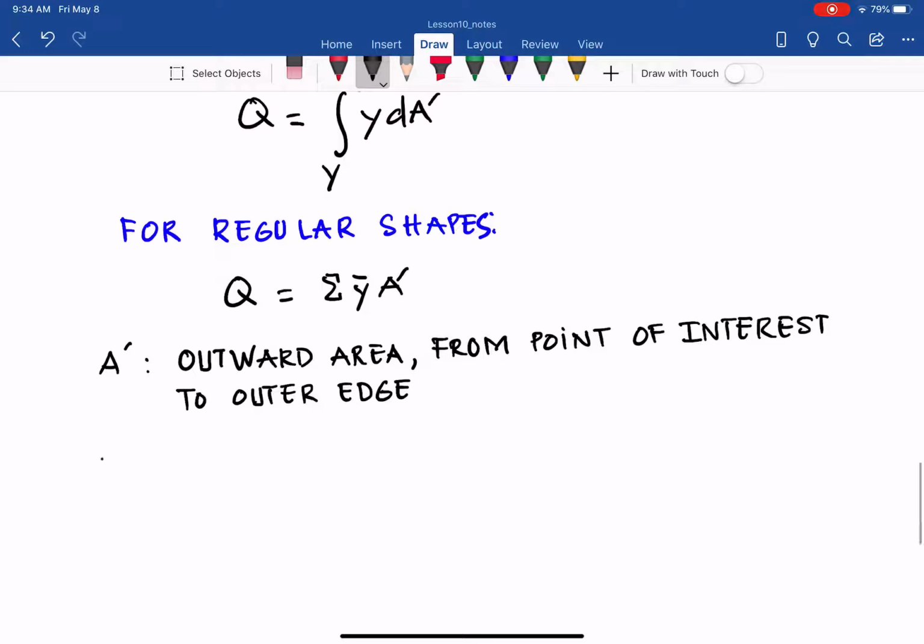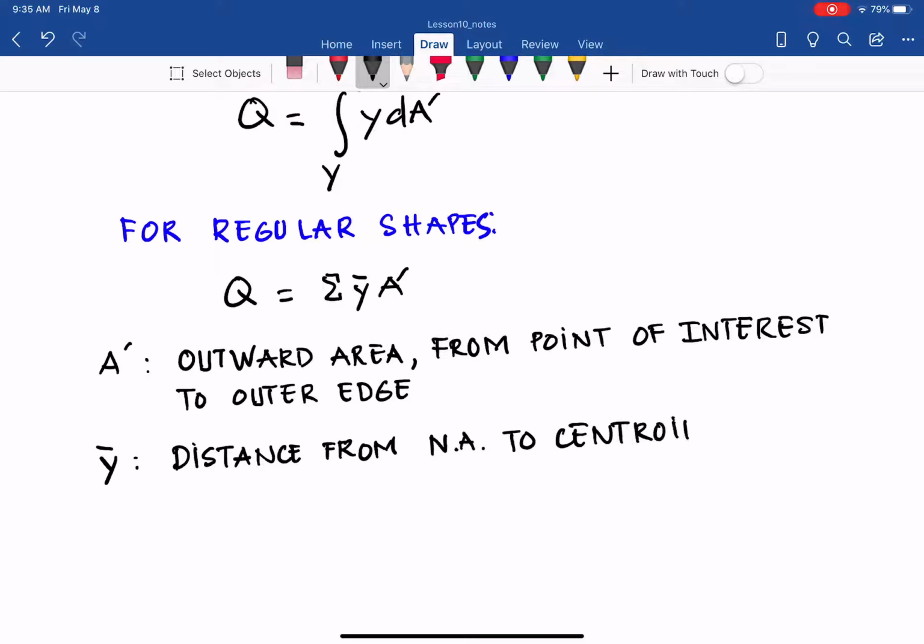How about y bar? Y bar is the distance from the neutral axis to the centroid of the outward area. Keep in mind, very important, to the centroid of the outward area.